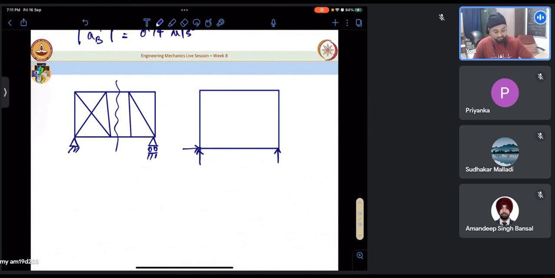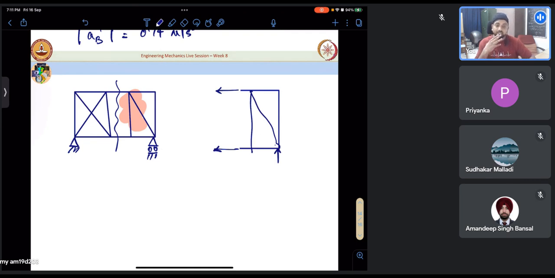Let me take a section and consider the right side portion of it. This is what I have considered. Here there will be that member force and all that. That's fine. But we know that truss members are axial members, which carry only axial forces. So all the forces are pointing like this.